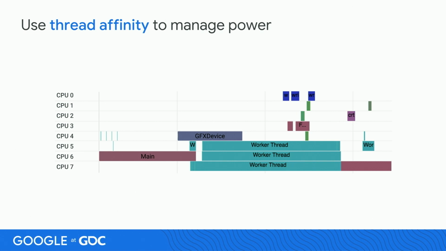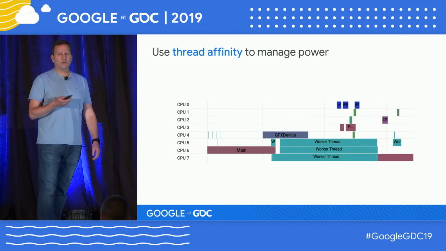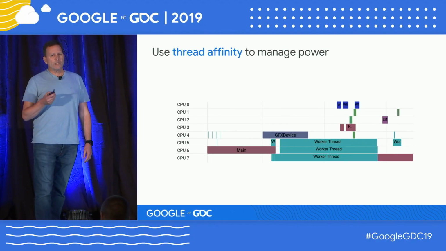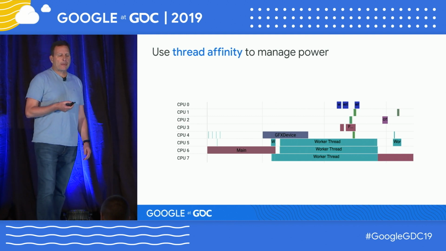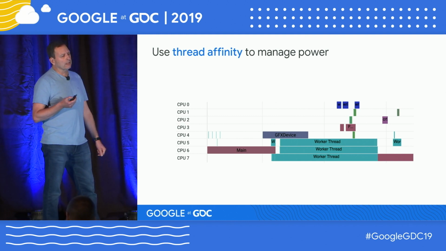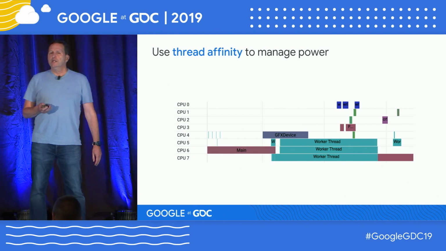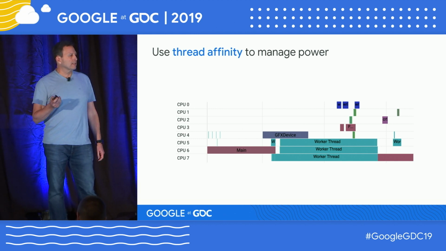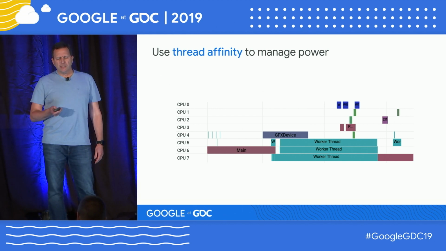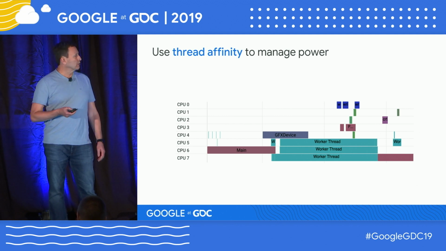The little cores aren't as fast, but they are more power efficient. So if you had a thread that wasn't really performance critical, say it was doing something like asynchronous loading for streaming assets for future frames, then you could probably put something like that on the little cores.